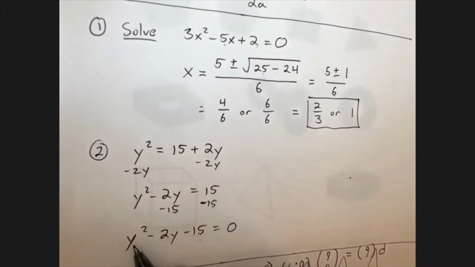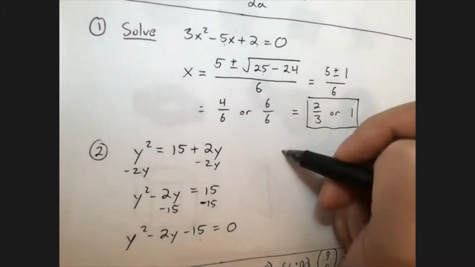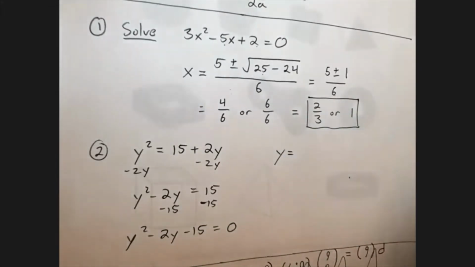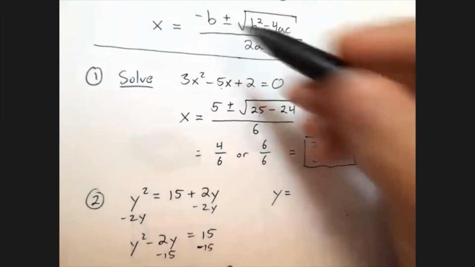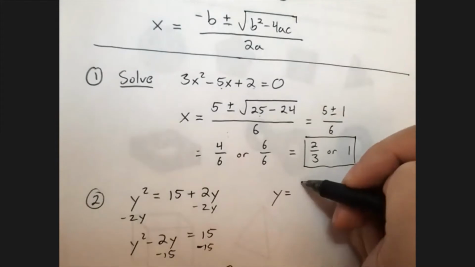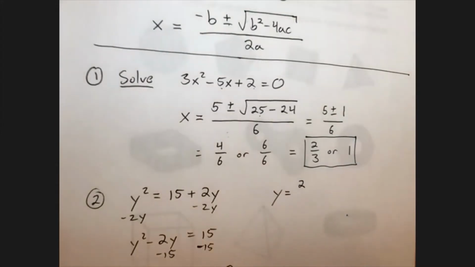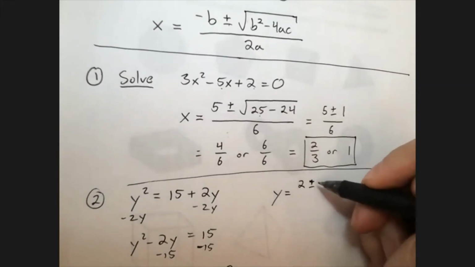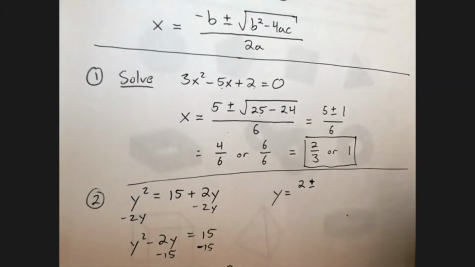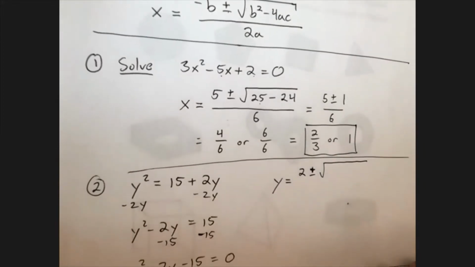So in this case, the variable is y, so I'm going to write y equals, and let's look back up at our formula. It's -b, so it's -2, so that's +2, plus or minus the square root of b squared, all right?